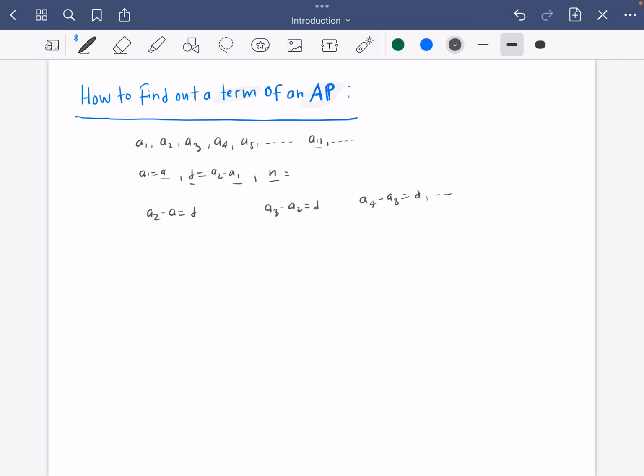So if A2 minus A1 is D, I can write A2 as A1 plus D. I can also write A1 as A, so it's A plus D. Let's highlight this.